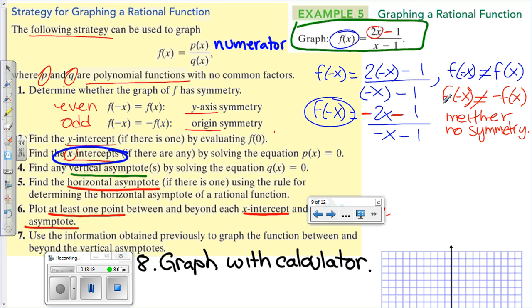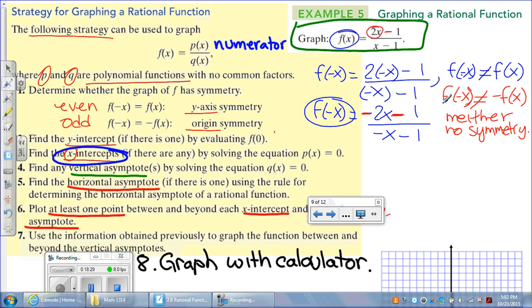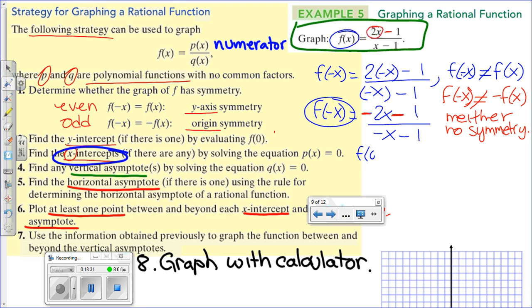Step number 2 is to find the y-intercept by evaluating f of 0. So f of 0 will be 2 times 0 minus 1 over 0 minus 1. 2 times 0 is 0, so we have minus 1. 0 minus 1 is equal to negative 1.